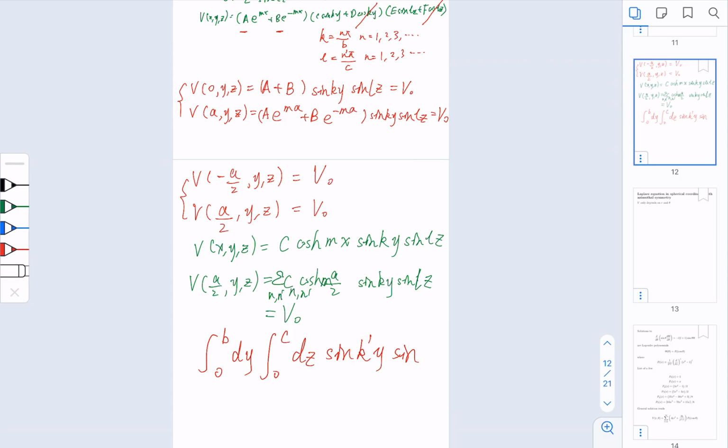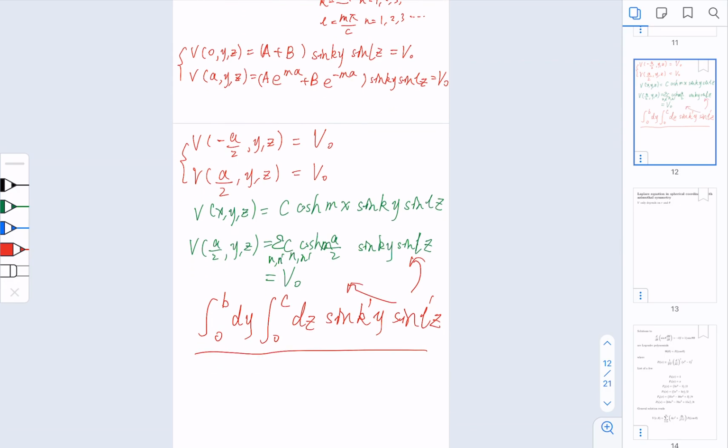Let's call this n prime as m, and sine l prime z. And if we apply this operation to both the left and right sides, we will eliminate the double sum on the left.